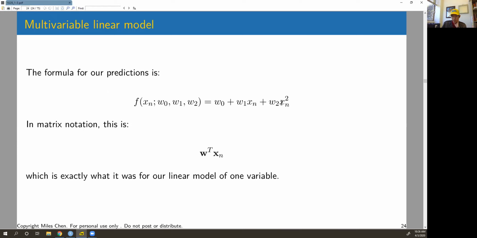Again, I can represent this in matrix notation using W transpose X. If W is now a 3 by 1 column vector, this quantity is just W transpose X of n, and that's exactly the same as what we had for our linear model.